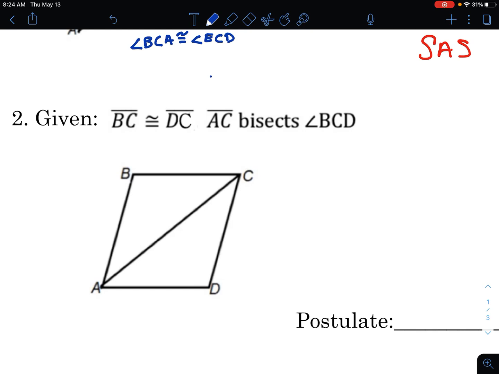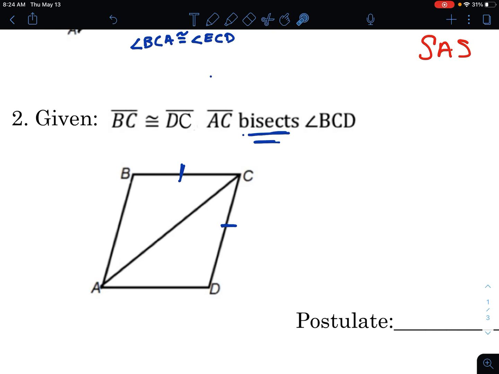All right, given BC congruent to DC, BC, bam, DC, bam, congruent. AC bisects, cuts in half, bisects BCD. Well, where the heck is BCD? This is why the other day we spent so much time naming angles.